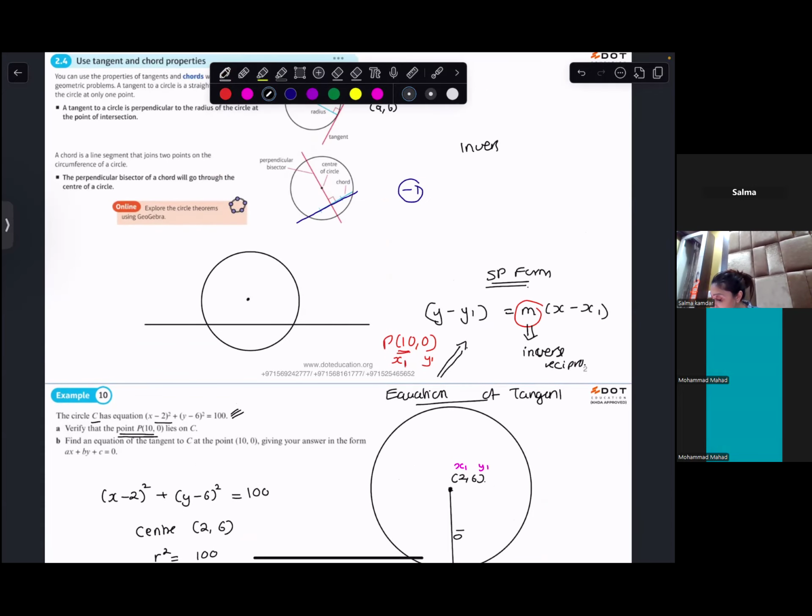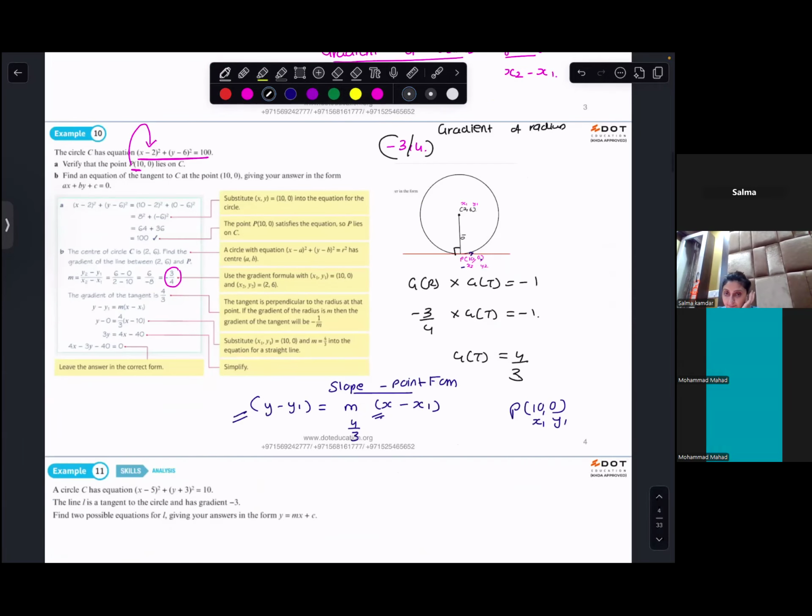Because we didn't have the gradient of the tangent given to us, and because they both are perpendicular to each other. Why? Because the radius is perpendicular to the tangent. Are you sure? Yes.